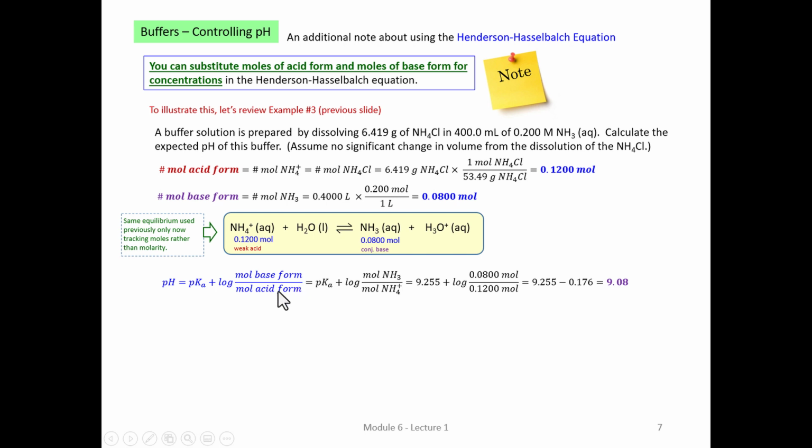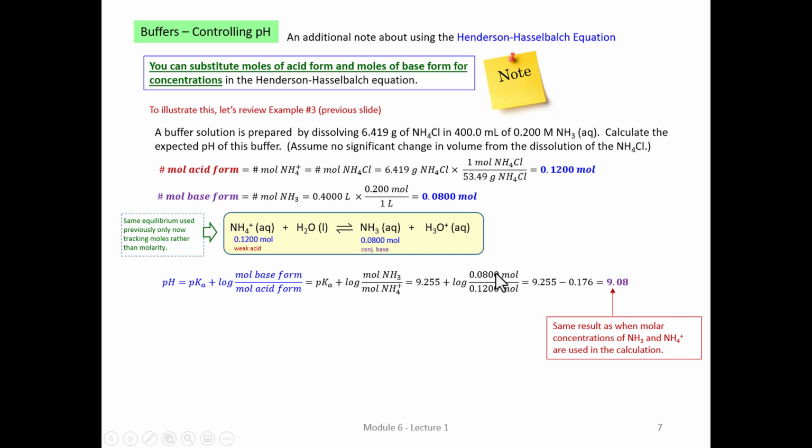Everything else is the same. pKa is still 9.255, and we take the log of 0.08 divided by 0.12, and surprise, surprise, we get the exact same result we got when we used molar concentrations of ammonia and ammonium ion.